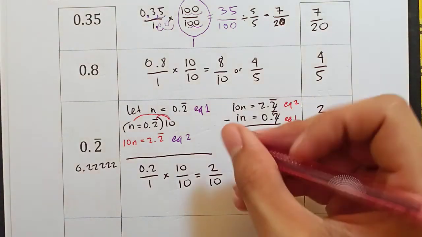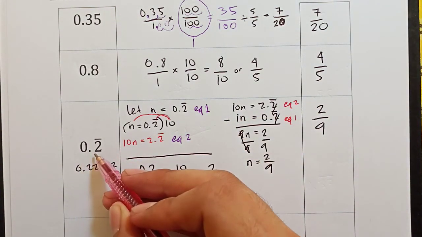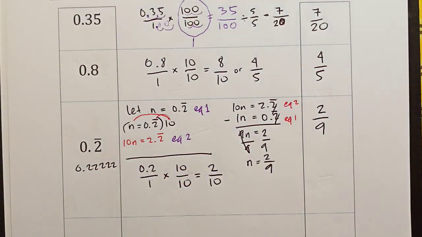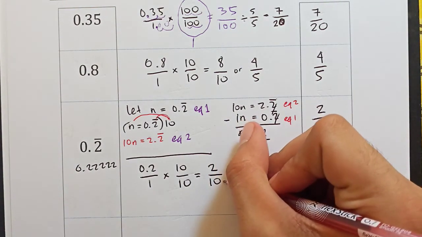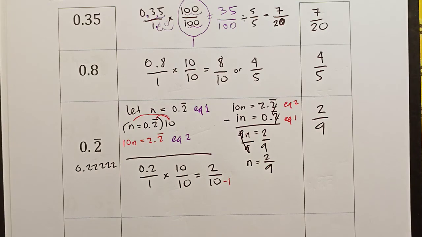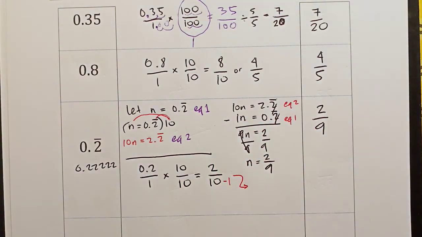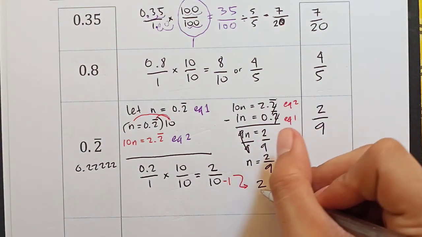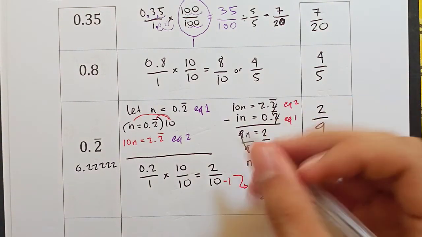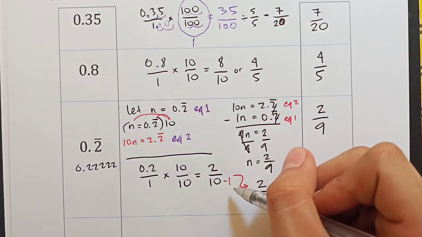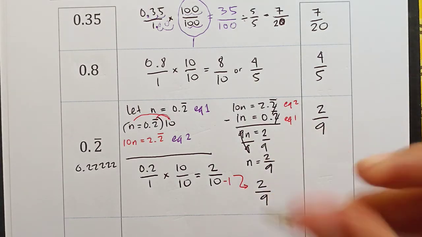But, since 0.2 bar is a repeating and non-terminating, we need to subtract 1 from its denominator. And ang magiging sagot dyan ay 2 over 9. Kasi 10 minus 1 equals 9, so 2 over 9.